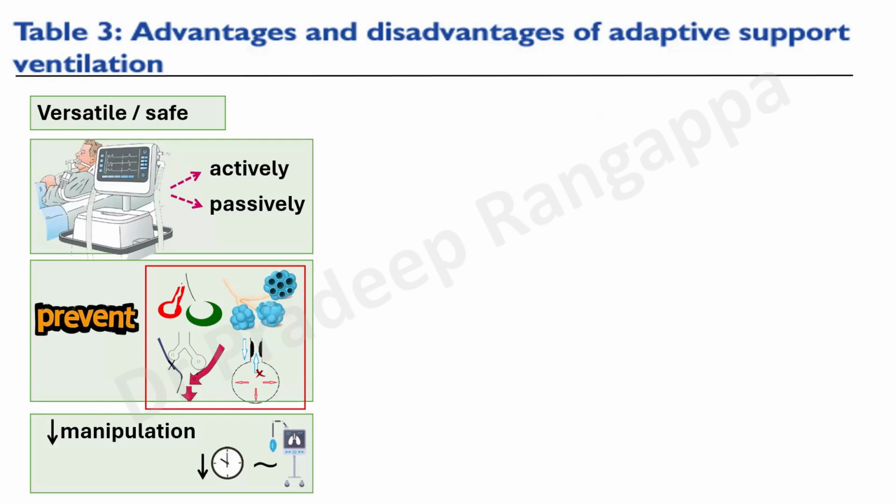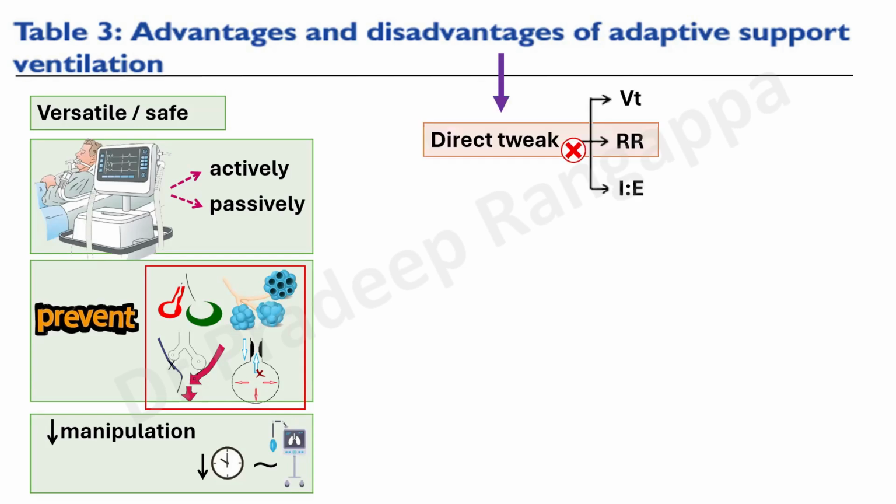And the most important is, since the ventilator is doing everything, because you just set minute ventilation, or you just set end tidal CO2 and saturation, it is auto adjusting a lot of different parameters like minute ventilation, PEEP, FiO2, especially in IntelliVent. So there is less manipulation, and in some studies there is reduced duration of mechanical ventilation. So that is the hypothetical advantage.